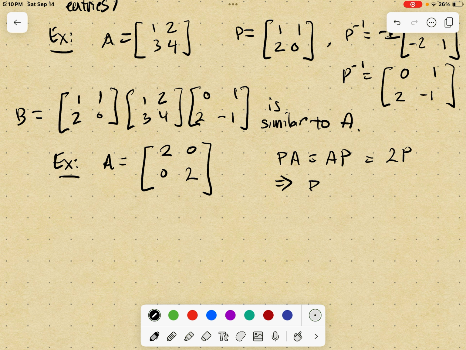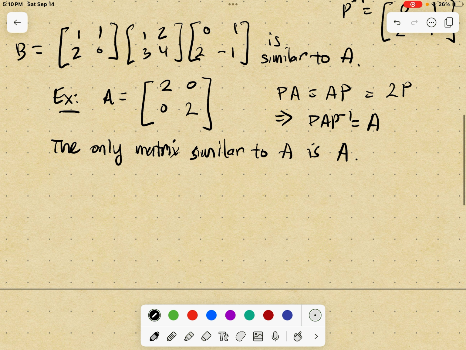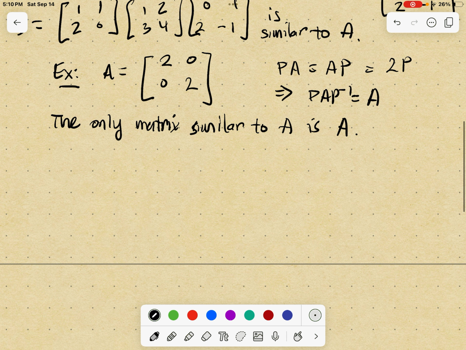So that implies that PAP inverse is just A. So the only matrix similar to A, in this case, is just A. And if you just replace 2 with lambda, the same lambda, then PA and AP are both equal to lambda times P. So you can just replace the 2 by a lambda, and it'll still be true that the only matrix similar to A is A.